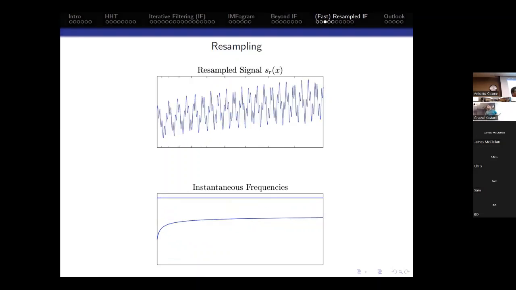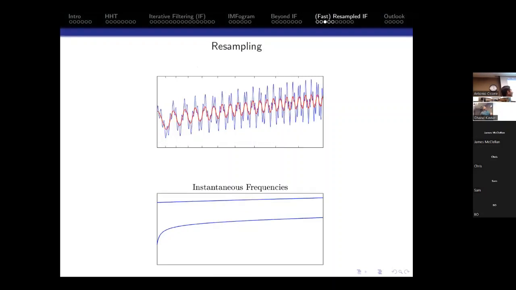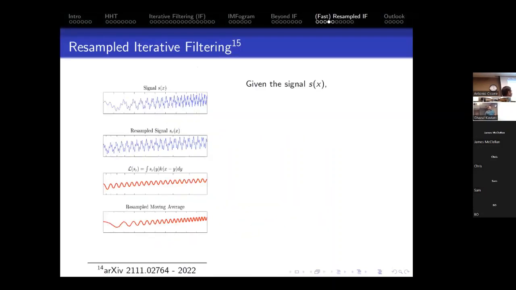After the resampling, it's just flat. Stationary. Now you can apply fast iterative filtering to extract using this bandwidth. You capture this component, you remove it, and then you sample back. And that's the decomposition. So that's the stationary component you extract, and this is what it looks like after resampling back.